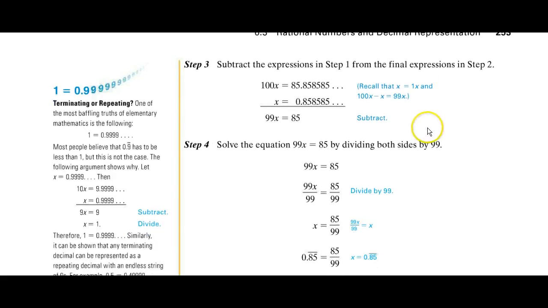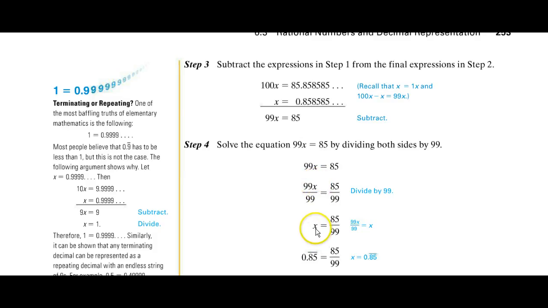This part is tricky. We're going to subtract now an x from this, or that first equation from this, and we now get 99x equals this. We then solve this equation by dividing both sides by 99.